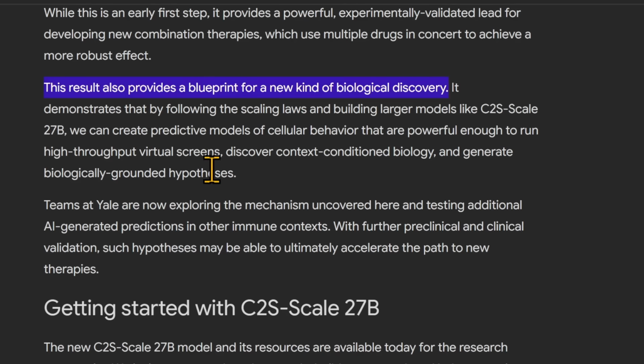It demonstrates that by following the scaling laws and building larger models like this Gemma model that we're talking about, the C2S-Scale 27B, we can create predictive models of cellular behavior that are powerful enough to run high throughput virtual screens, discover context conditioned biology, and generate biologically grounded hypotheses.